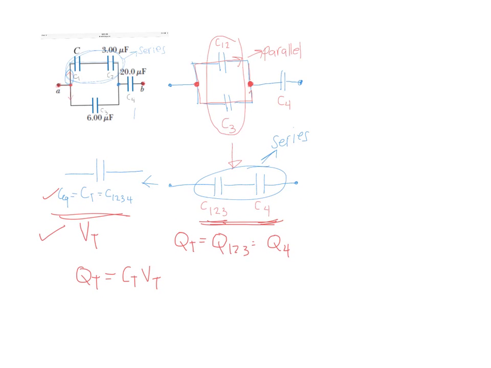So hence, if we have C123 and Q123, then we could actually solve for V123. Moreover, if we have C4 and we have Q4, then we could also solve for the voltage of capacitor 4. And to solve that, we just have to use the formula that Q4 is equal to C4 times V4.